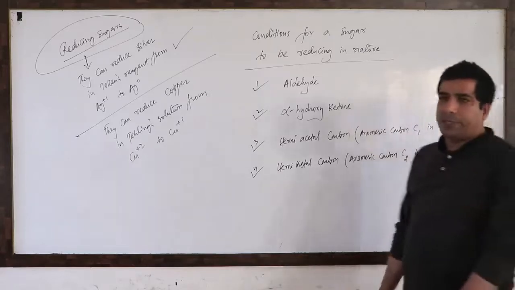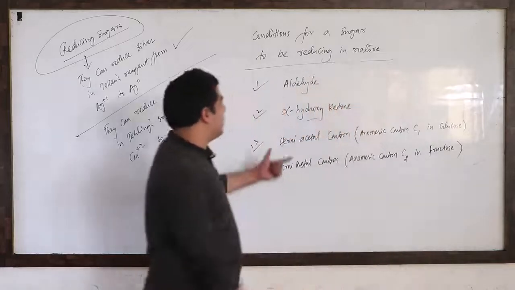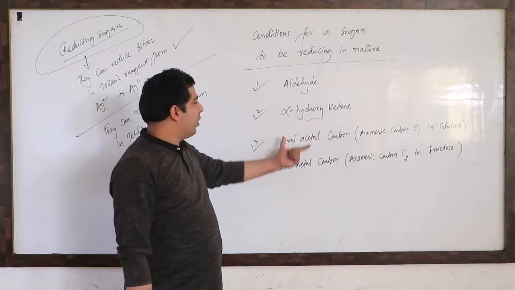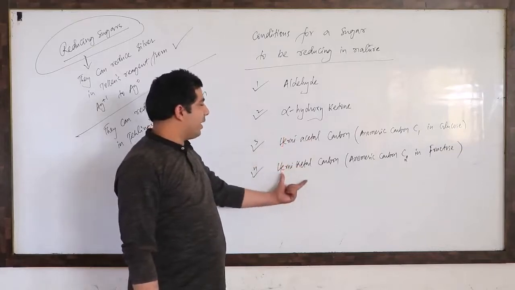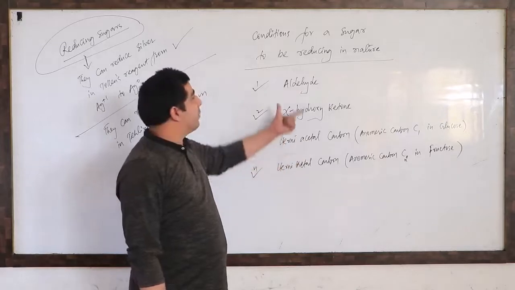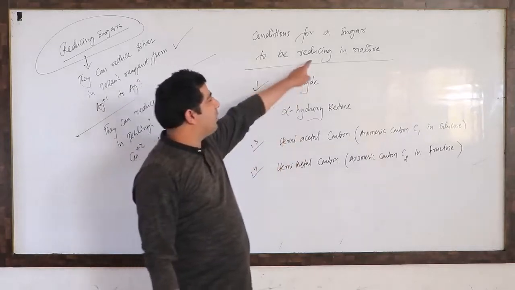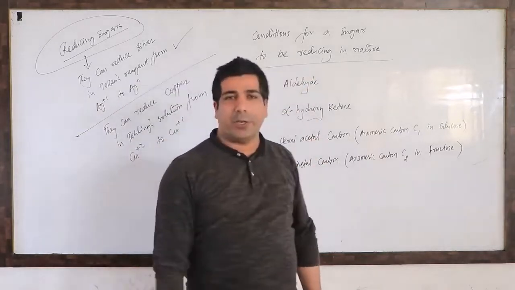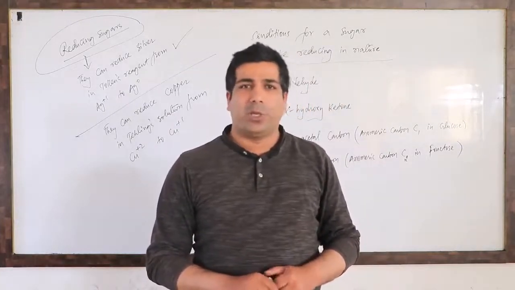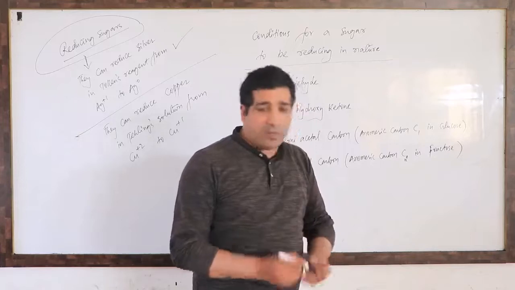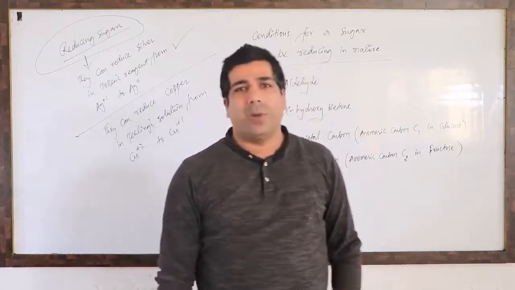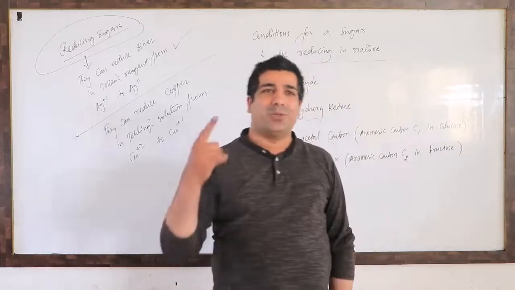Okay, my dear friends. So if any sugar does have an aldehyde group, alpha hydroxy ketonic group, or hemiacetal carbon or hemiketal carbon, if any of these groups are present in a particular sugar, that sugar will be reducing in nature. That sugar can reduce the Tollens reagent and Fehling solution. Tollens reagent means here silver will be reduced from +1 to 0, and in Fehling solution copper will be reduced from +2 to +1.